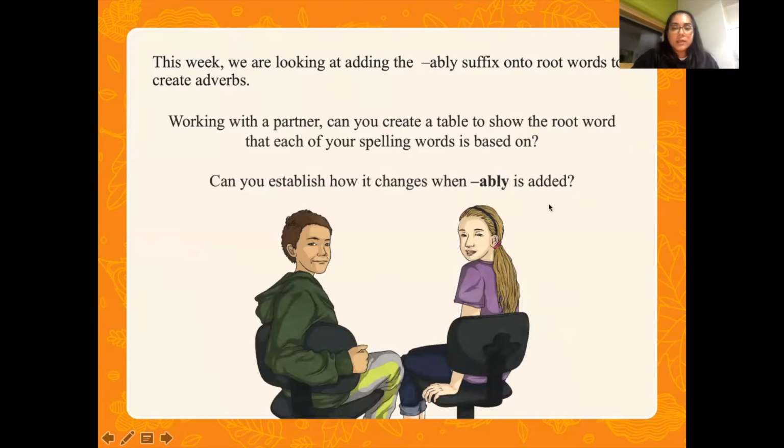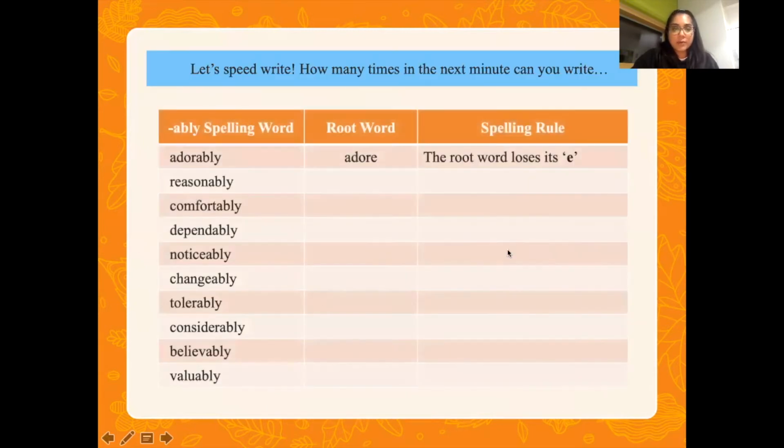So using this table here, can you please have a go at creating a table with 3 columns, the first column saying A-B-L-Y spelling words, root word in the second column, and spelling rule. And all you need to do is simply what the titles of each of the columns say. So for example, we have our A-B-L-Y spelling word adorably, and the root word is adore.